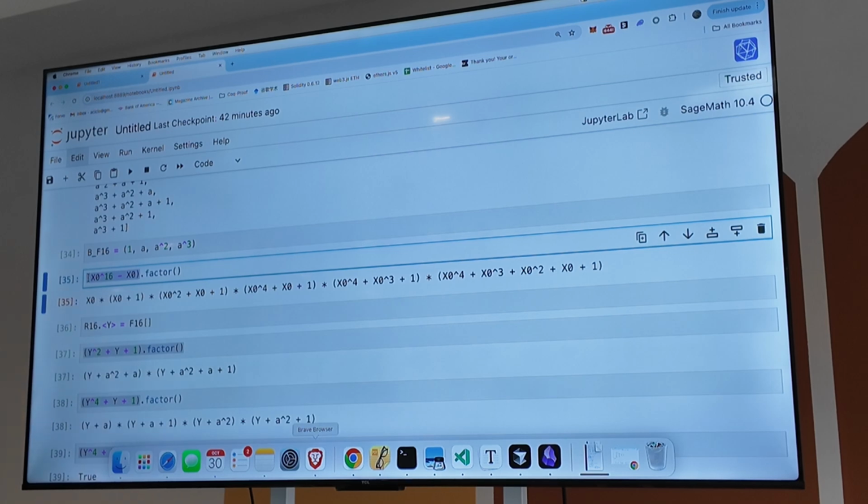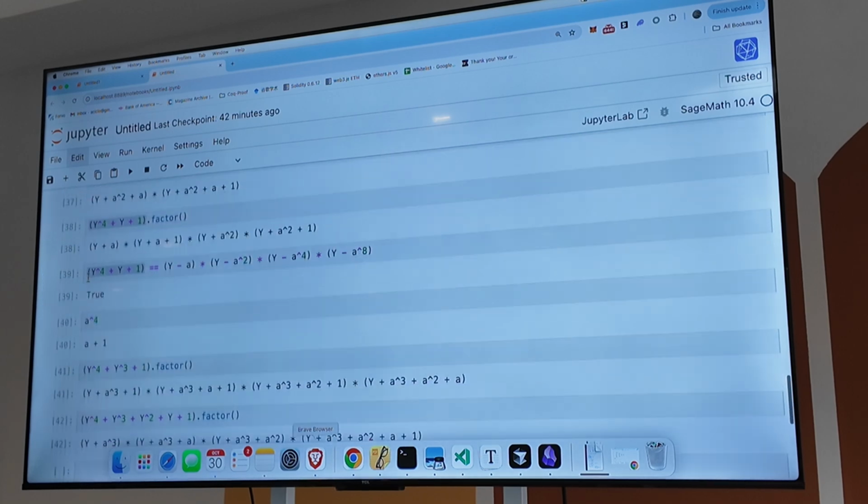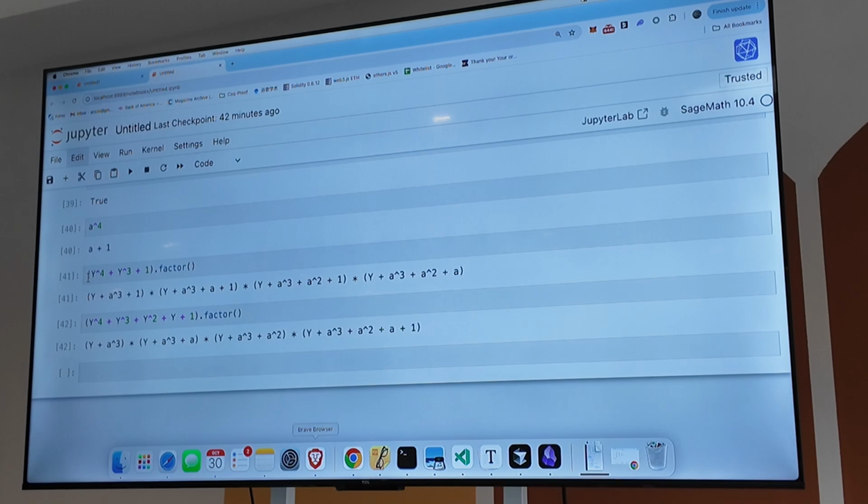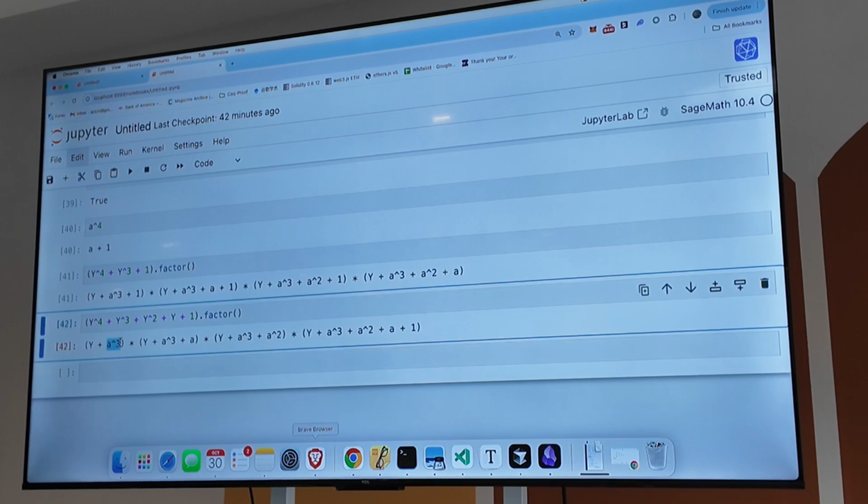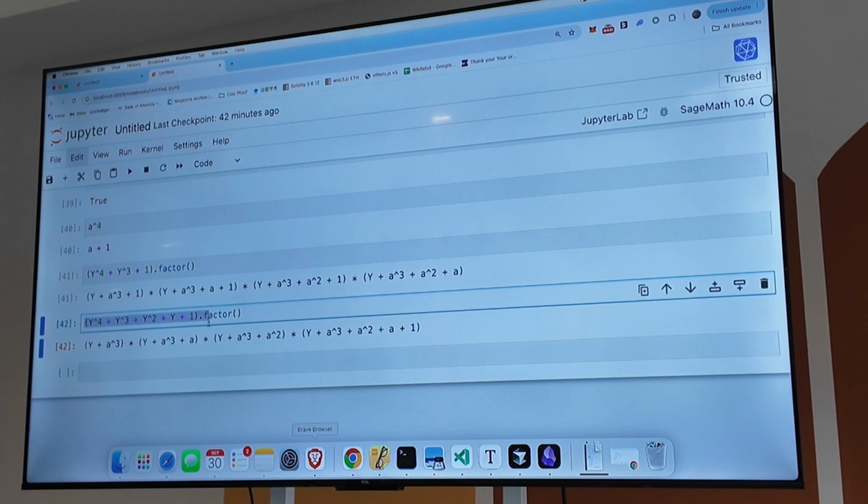Okay. So far, any question? So which one is the... I think, for example, for a cubed, the minimal polynomial is here. Let's say this polynomial. Yeah.